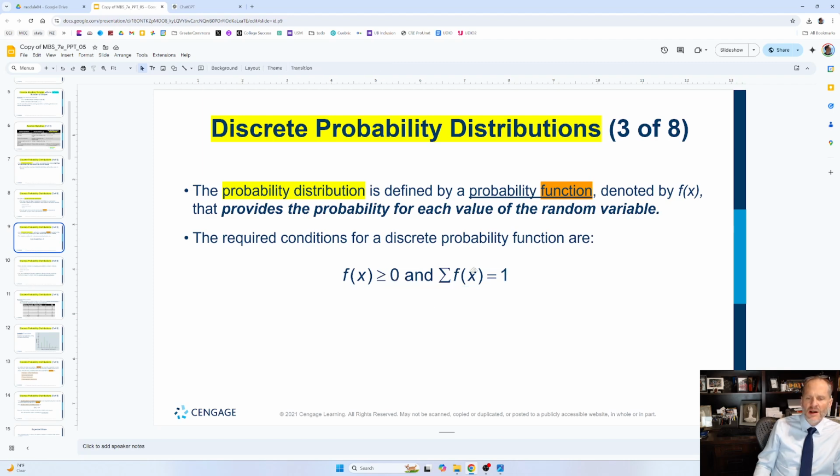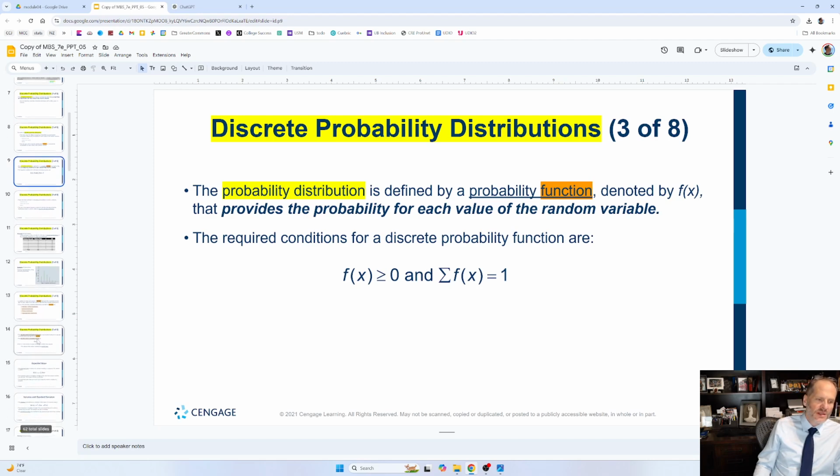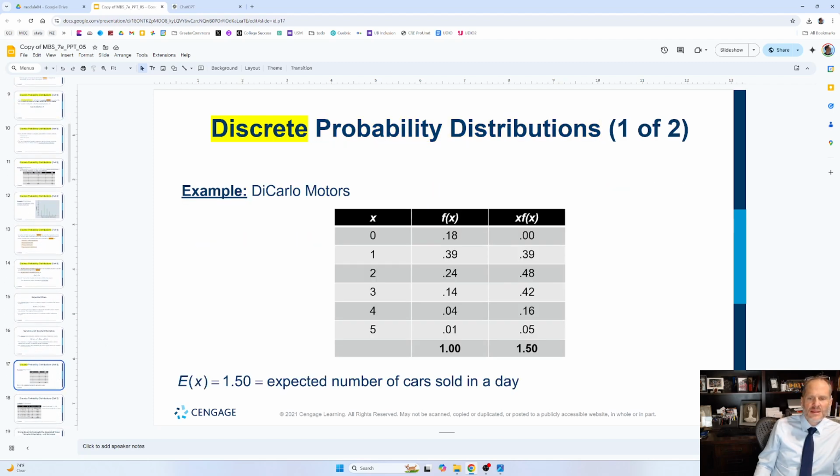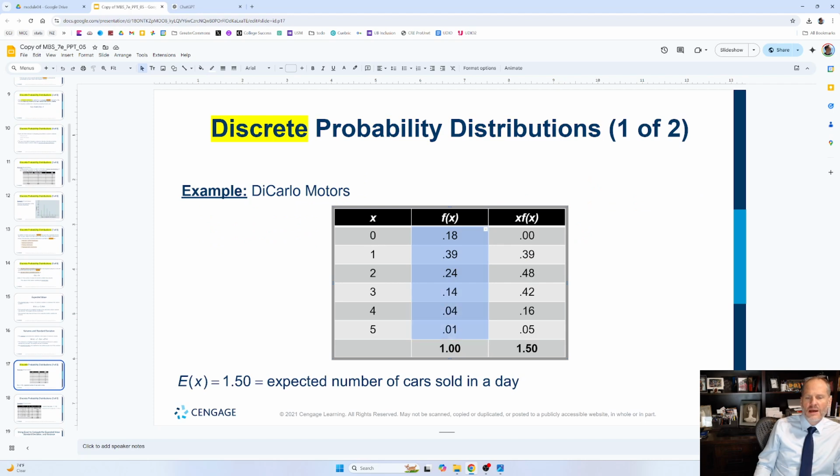And then the sum of all the probabilities for all of the possibilities that x can be has to be equal to 1. That's what you see here: for any of the 6 values of x that we enter into this function, the sum of all those probabilities has to add up to 1.